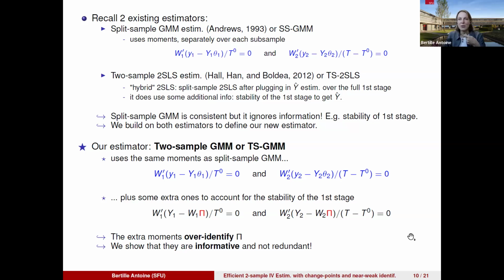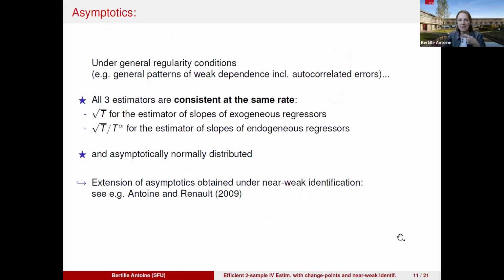All right. Okay, so let me move to the asymptotics then. So we do have general regularity conditions, nothing special about them. We allow for general patterns of weak dependence, including autocorrelated errors and so on and so forth. In that situation, the three estimators that I mentioned, so the split sample, the hybrid or two sample 2SLS, and our new estimator, two sample GMM, all of them are consistent at the same rate.